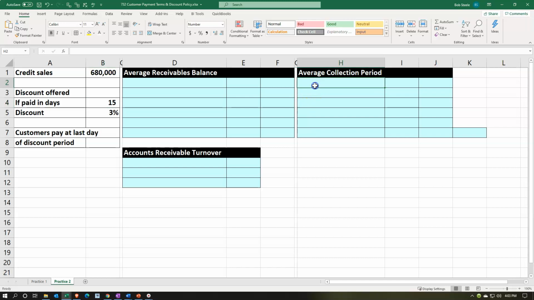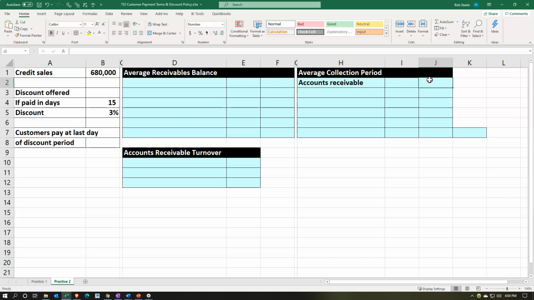So let's figure out our accounts receivable, and we're going to use the calculation for the average collection period, because that's the formula we know, and then we'll switch that over to calculate the accounts receivable, adjusting the algebra as we did last time.